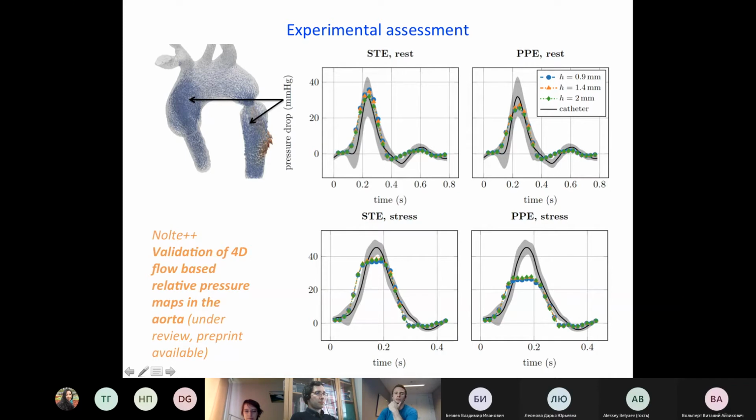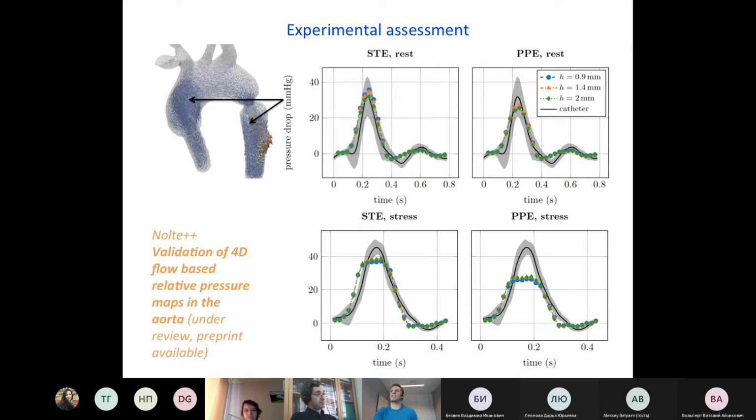It's more clear, and also then at some point the STE starts failing, and we believe that is not necessarily about the method. The method may not be catching higher, more turbulent variations, but also the quality of the data worsens in this case, because you have to change your scan parameters to be able to catch those higher velocities. And then you add much more noise to the image.